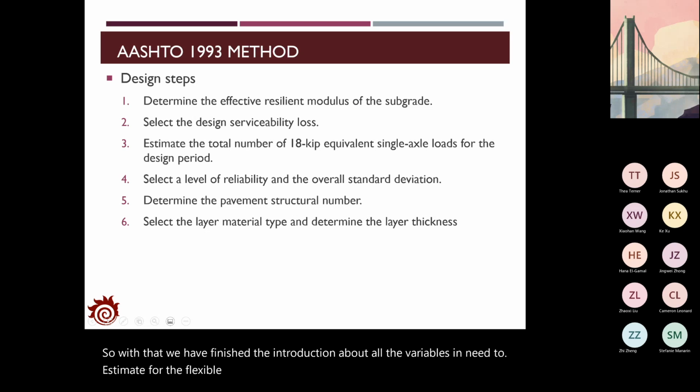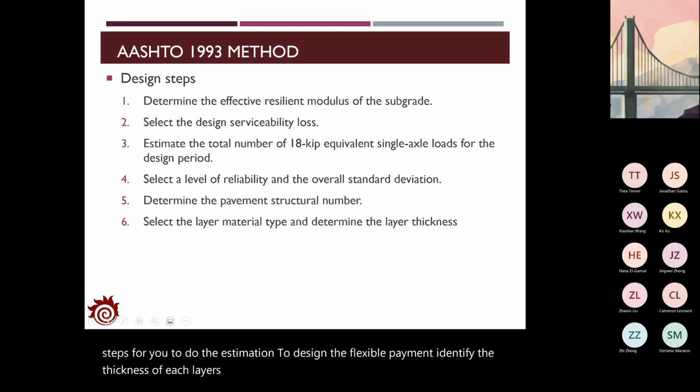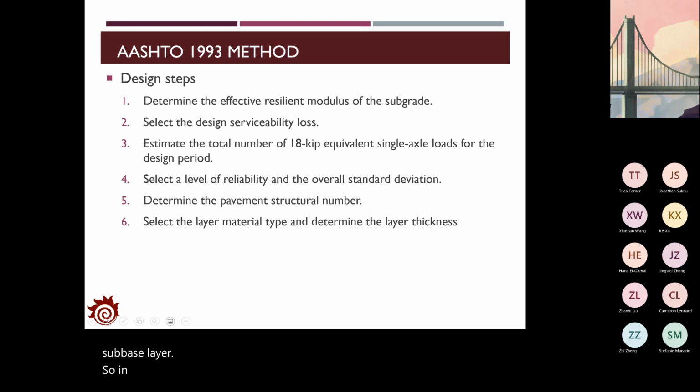This page will show you the steps to do the estimation to design the flexible pavement, identifying the thickness of each layer: the asphalt concrete layer, granular base layer, and sub-base layer. In the design, at first, we need to determine the effective resilient modulus of the subgrade.